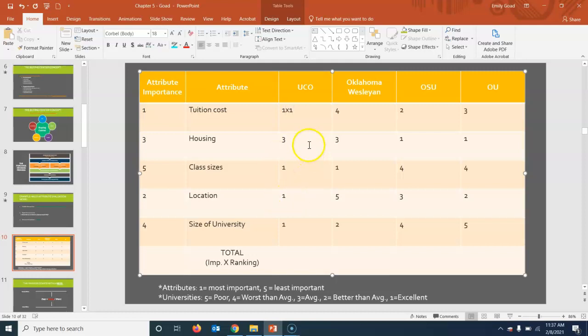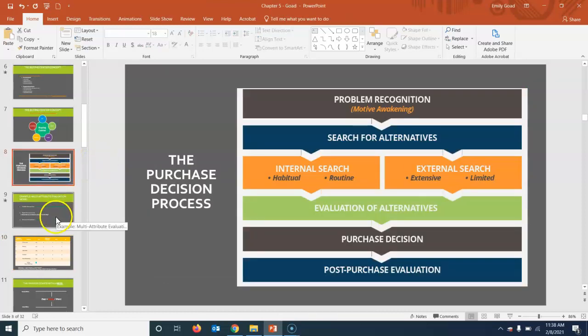This one was 1 for importance, 3, 5, 2, and 4. And so 10, 15, 17, 21 is where the 21 came from. But this is just a way to put onto paper the process that you're going through in terms of the purchase decision process.